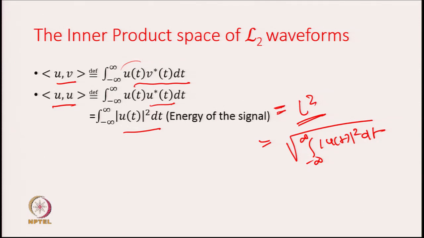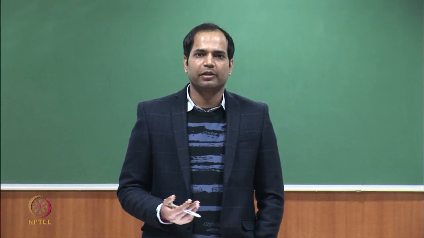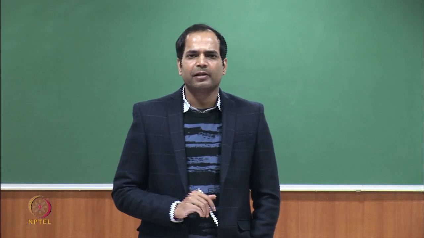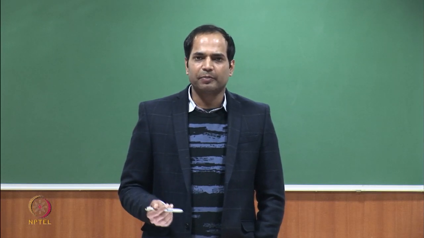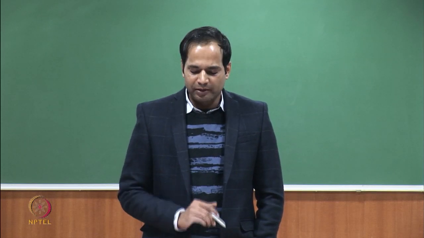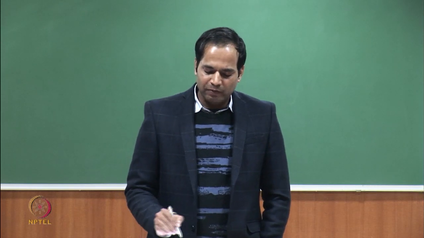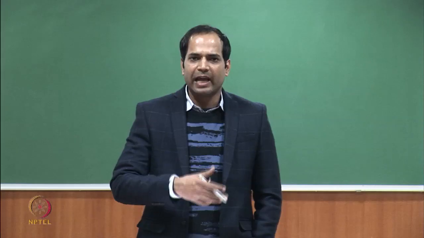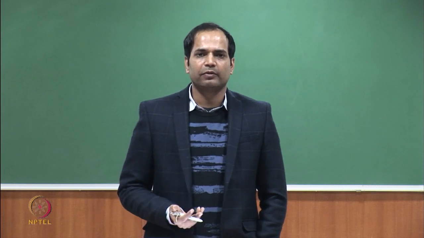Now, because I can treat the L2 waveforms as a valid inner product space, even though I have not tested whether this definition satisfies all axioms of a valid inner product space, but we will do this. But let us start by assuming that these definitions are valid. These will allow me to do things like I can talk about now what is the angle between the two signals, what is the length of the signal, what is the length square of the signal, and so on and so forth.